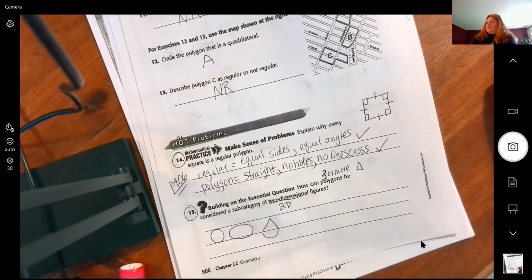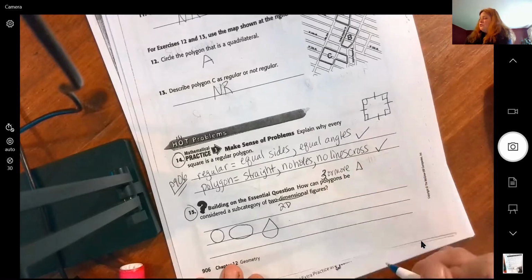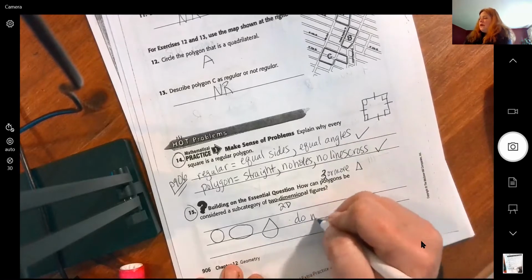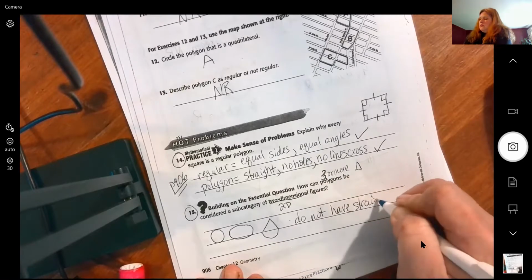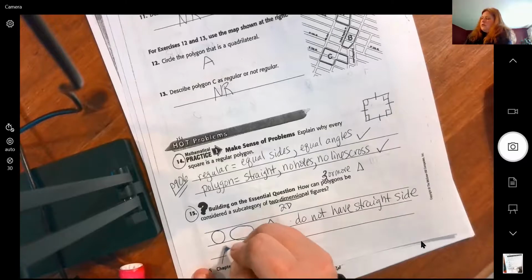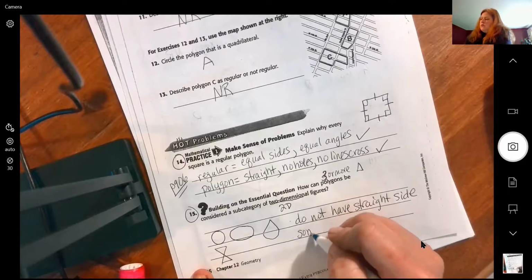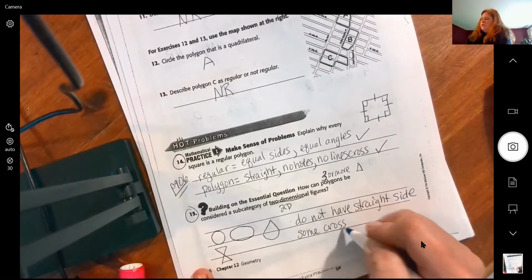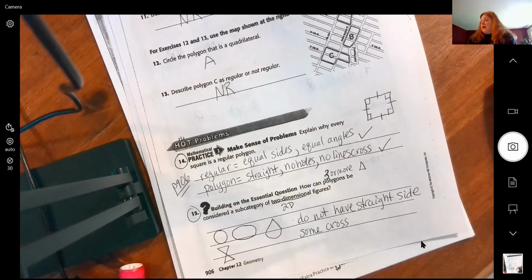That's an ice cream cone. So there are other shapes that are part of your two-dimensional that do not have straight sides. There's also two-dimensional shapes that cross each other. So these are all examples of other 2D shapes that are not polygons.